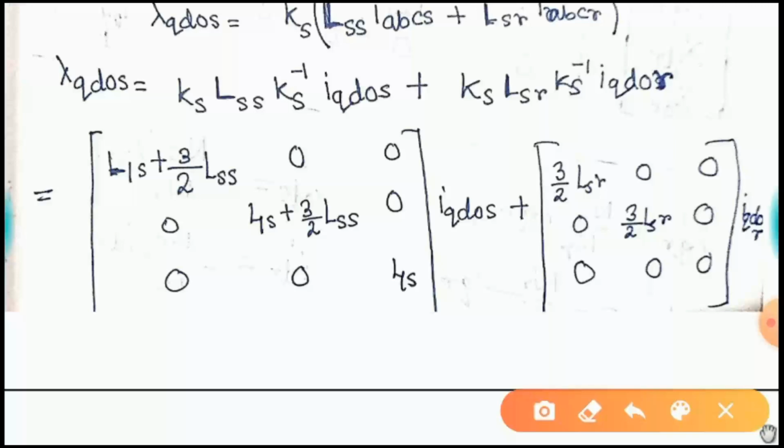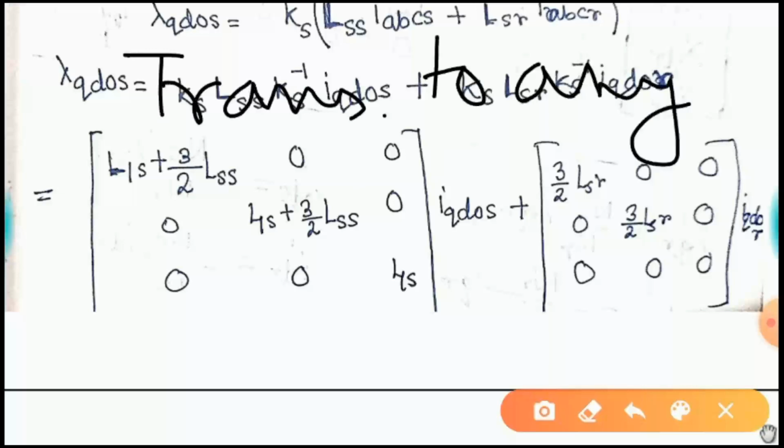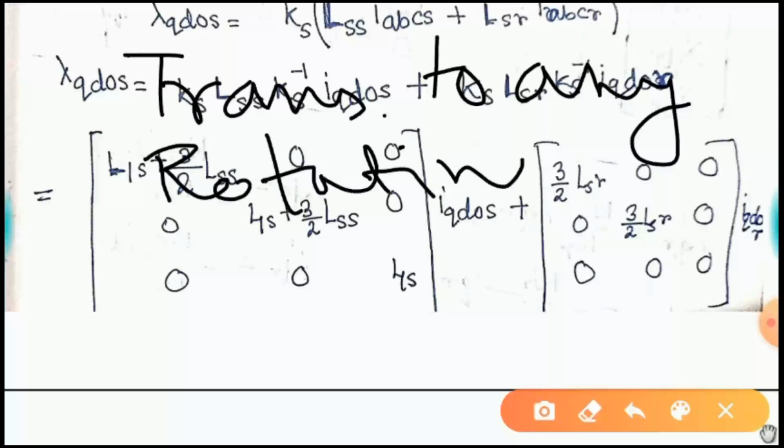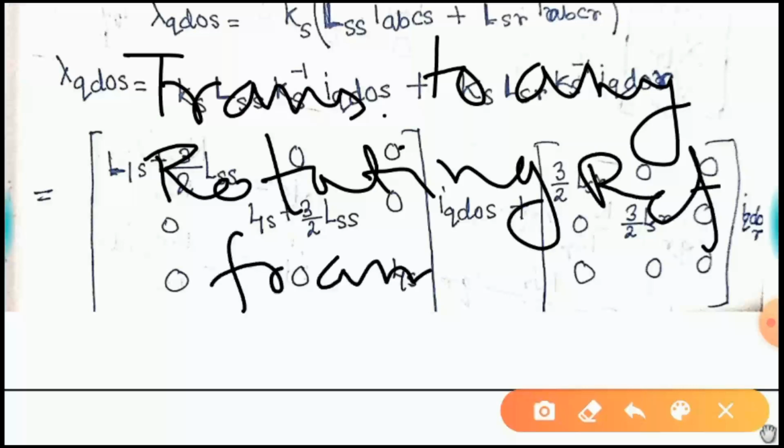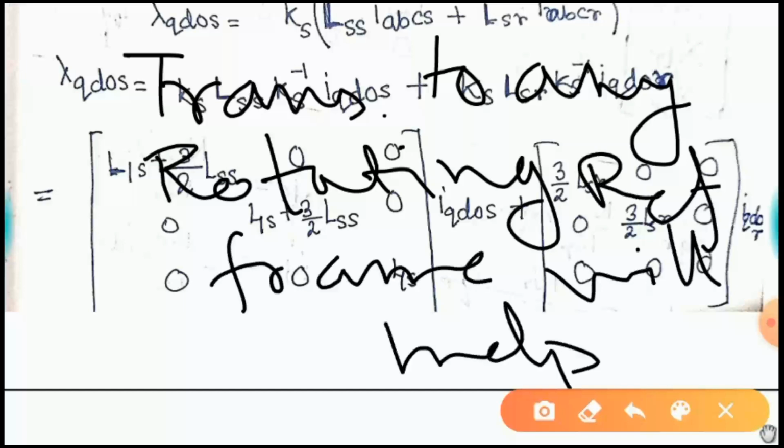But in the case of the three-phase induction machine, transformation to any rotating reference frame will serve our purpose, right?